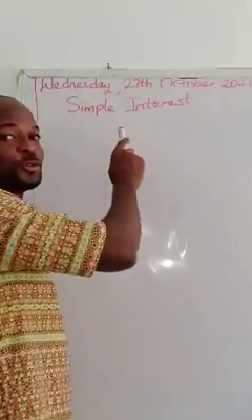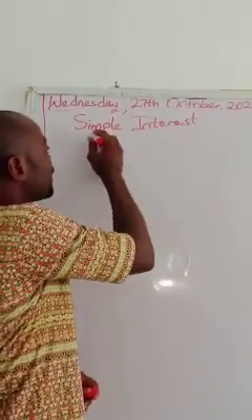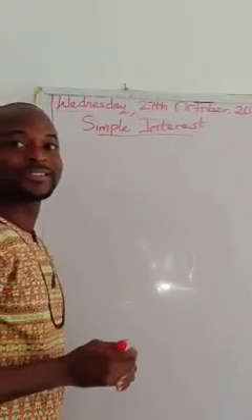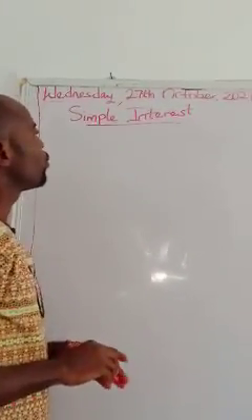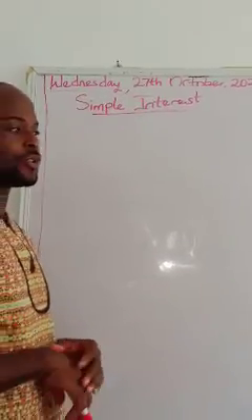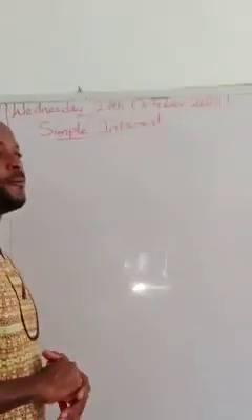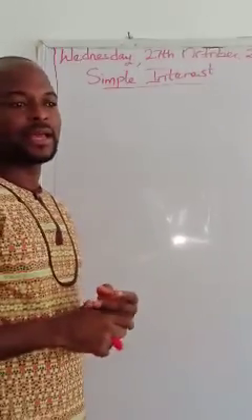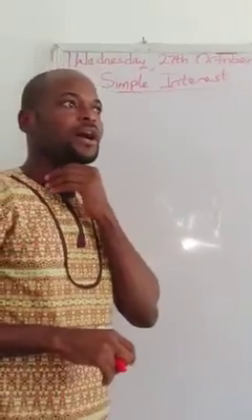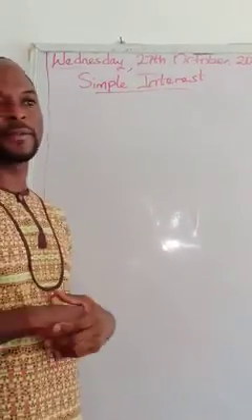Alright, I want to explain this topic. This particular topic is simple interest. When we're talking about simple interest, it's something that one does on a daily basis, especially if you are doing transactions with banks.